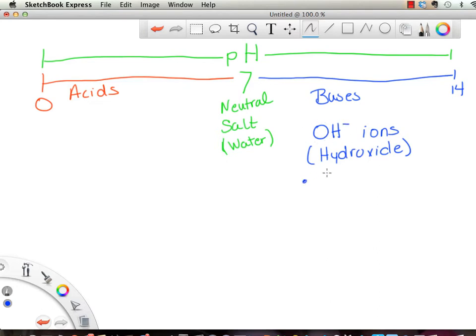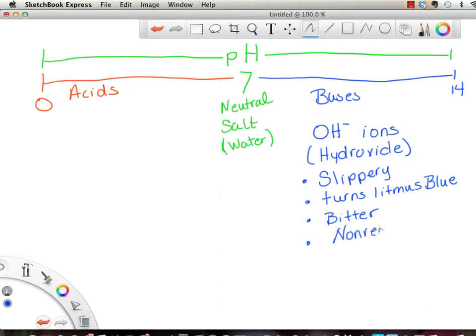And things to remember about bases is that they are slippery, is that they turn litmus blue. BBB, bases, blue, bitter. So they are bitter. And they're non-reactive. They don't really react with anything.